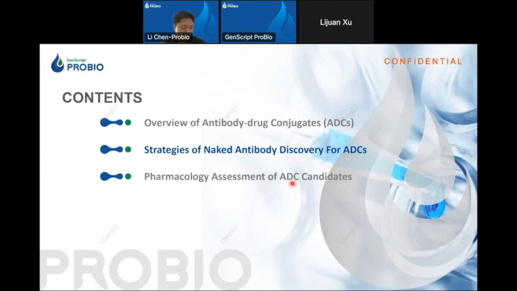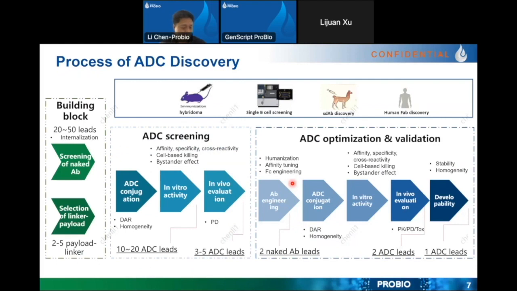Next, we will move on to the first part of ADC discovery strategies: how to identify desirable naked antibody leads for ADC applications. So this is a general workflow of ADC discovery.